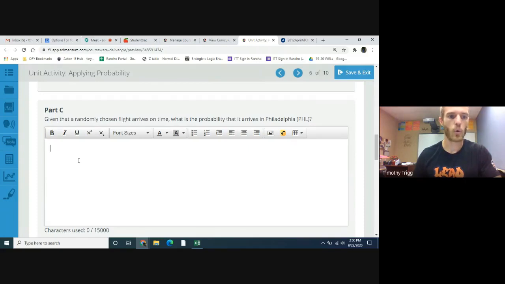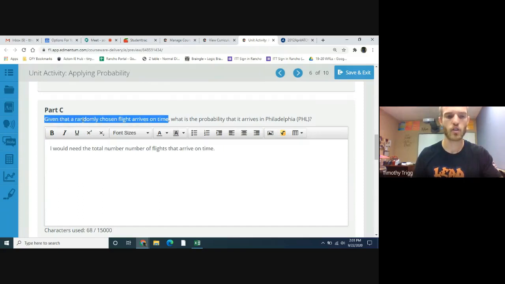Well, that means I would need the total number of flights that arrive on time. This would be the denominator. Wherever it says given that, like before the comma, that's the denominator. It tells you the group you're looking in. We're looking in the group of flights that arrive on time.